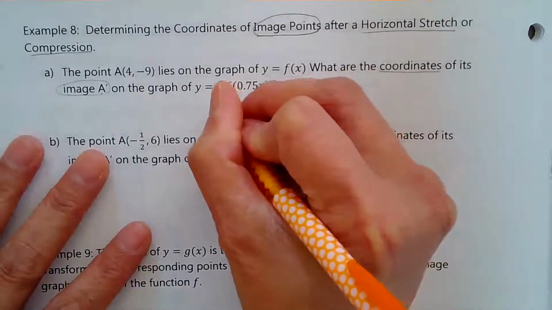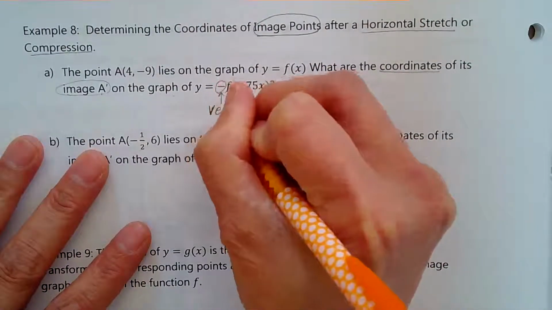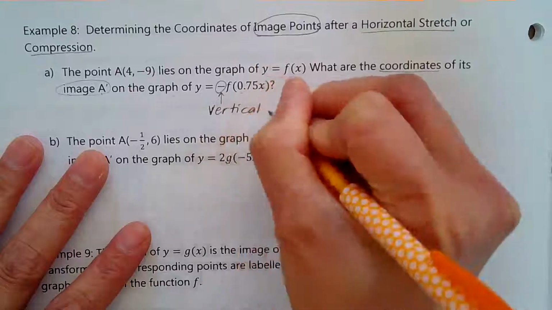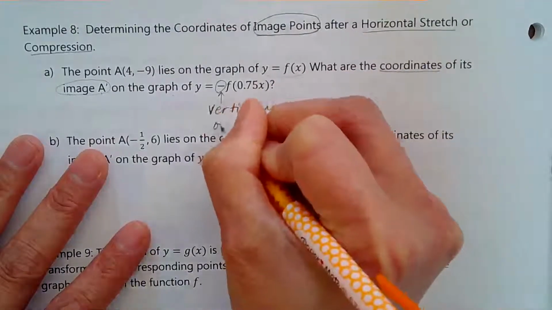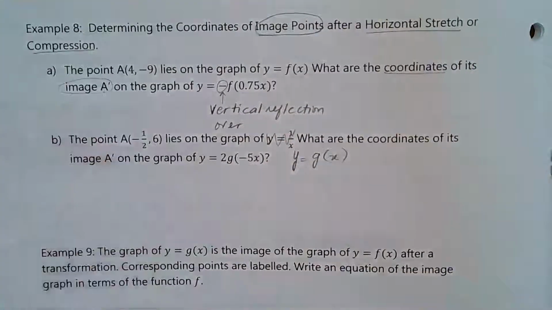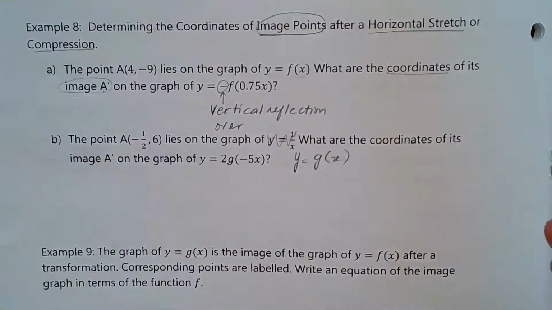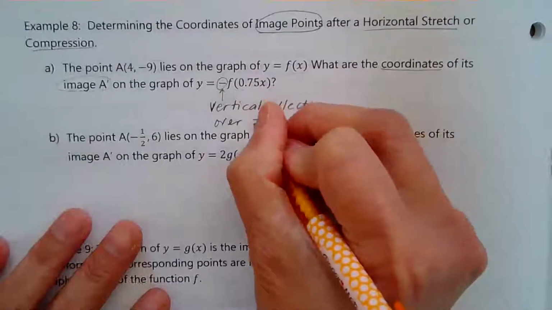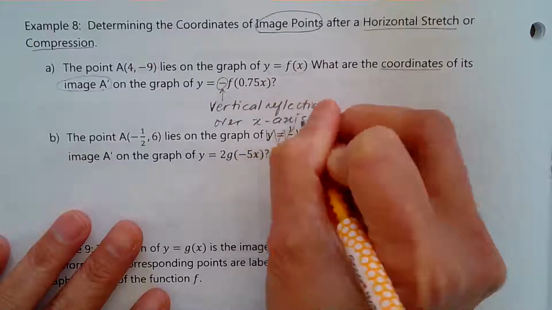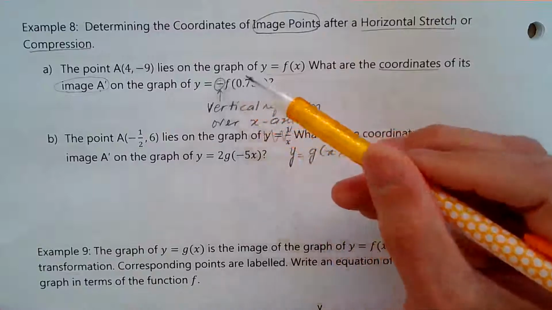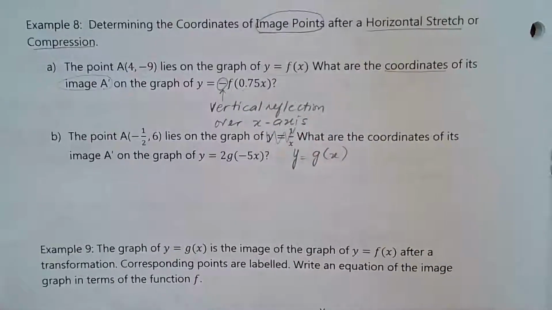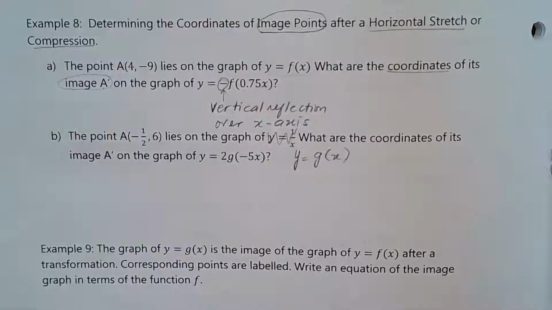So there's going to be a vertical reflection over the x-axis. So this negative sign right there, we know that's going to be a vertical reflection over the x-axis.